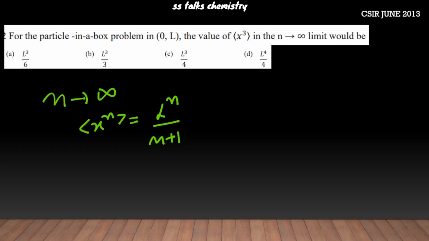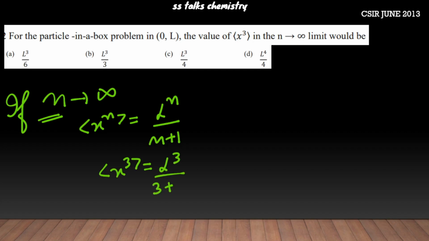This formula we will be using only when n is approaching infinity. This is an important condition. Now for x cubed, it is L cubed upon 3 plus 1, that is L cubed upon 4. So option C becomes the right answer.